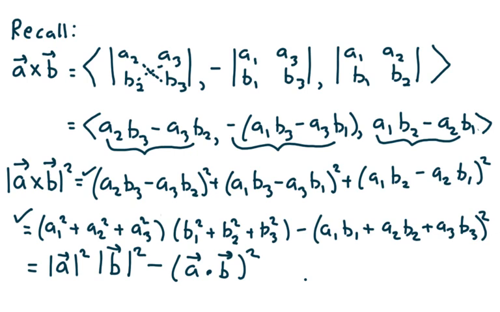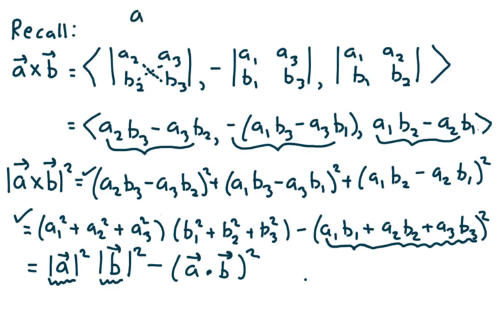Well, if you look at A1 squared plus A2 squared plus A3 squared, that's just the magnitude of A squared. B1 squared plus B2 squared plus B3 squared is the magnitude of B squared. And A1 B1 plus A2 B2 plus A3 B3, that's just the dot product of A and B, right?